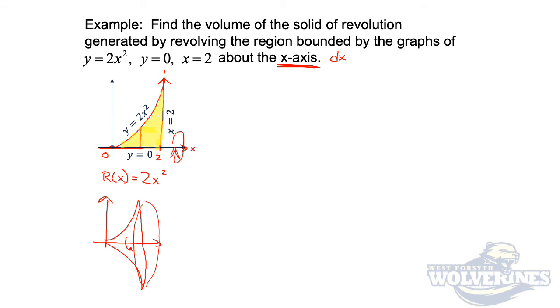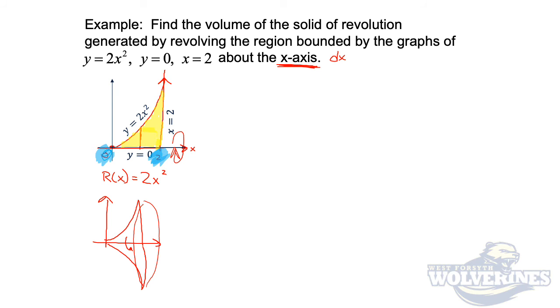Okay, so once you have your r of x and you have your bounds, so here our bounds are going to be, let me highlight in a different color. So we've got 0 over here on the left and 2 over here on the right.